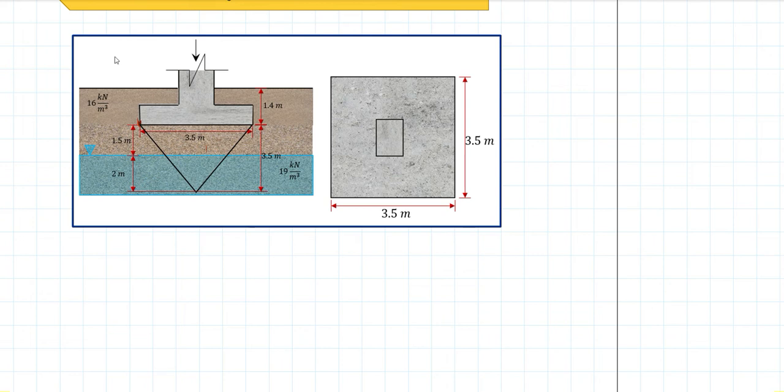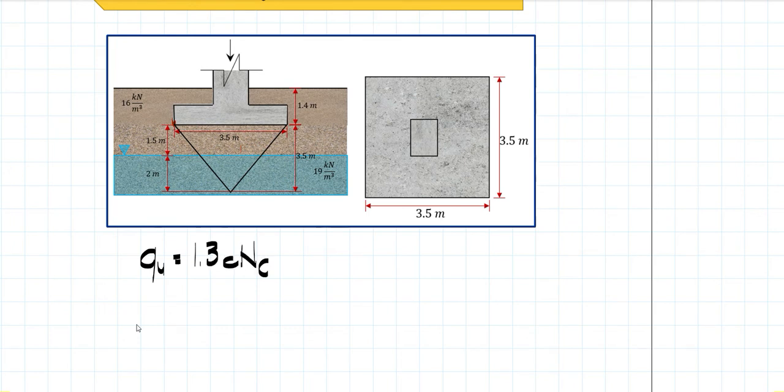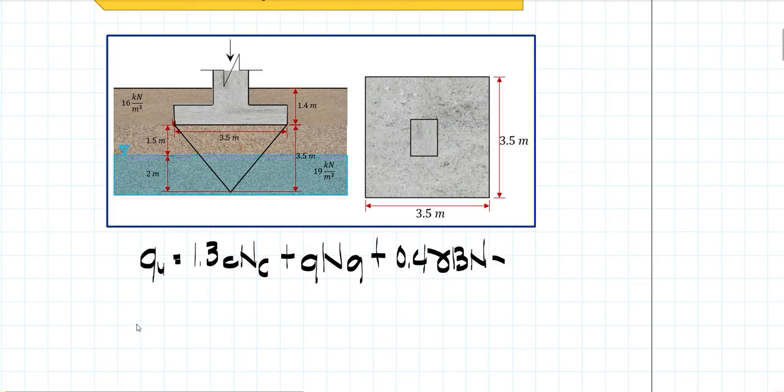Ang gagamitin na natin dito will be the value qu is equal to 1.3 c Nc plus q Nq plus 0.4 gamma B N gamma.